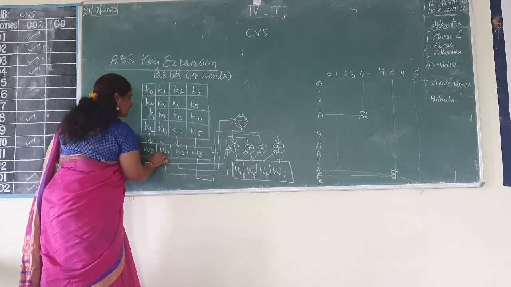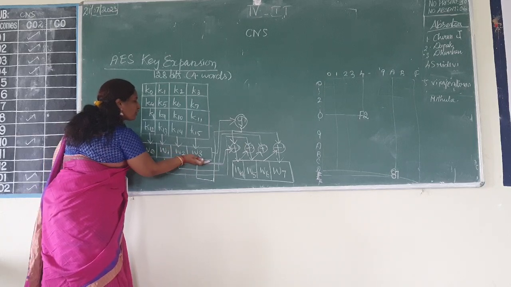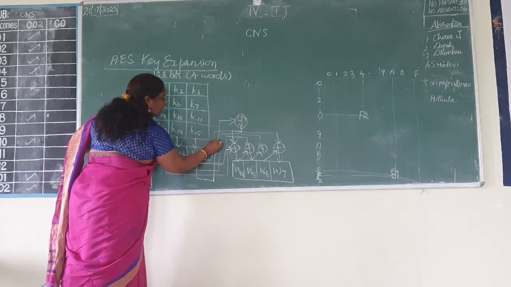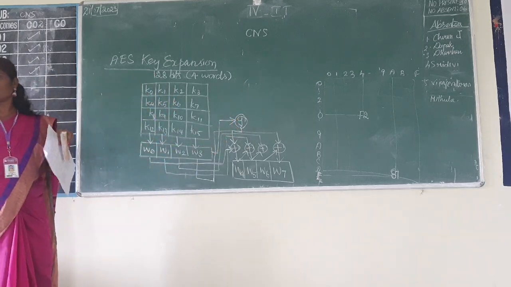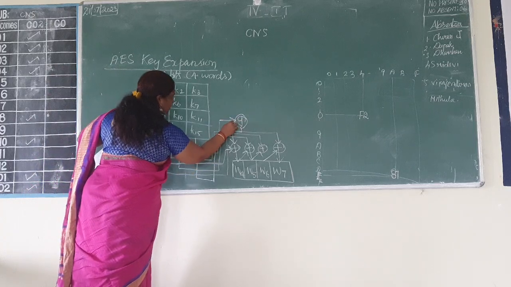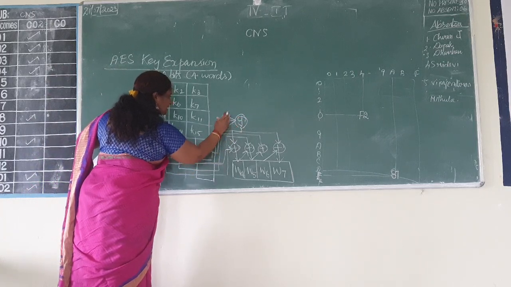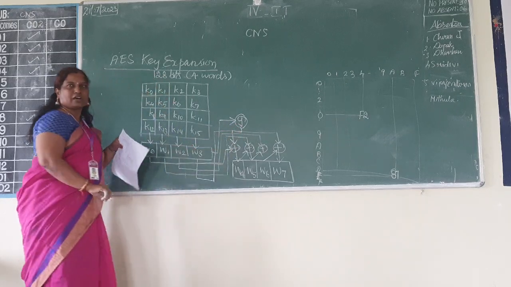G takes the entire W. Here 4W is considered for G. It is not W3. The entire thing will be taken and given to G. So G is processing this block of words and then giving some output to this XOR.